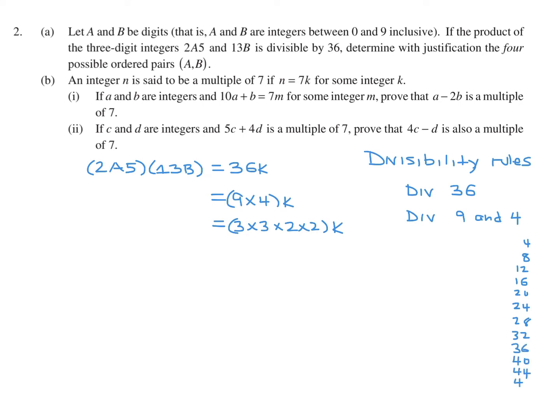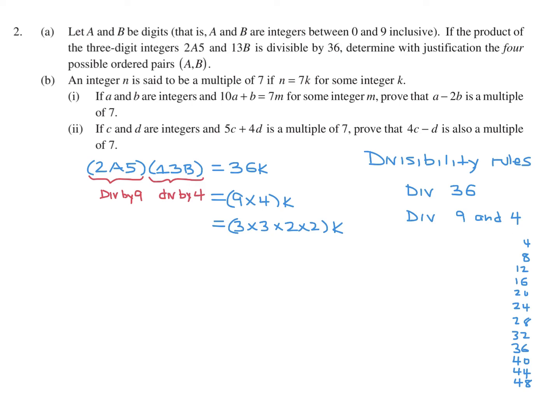Well, you get the point. There's never going to be a 5 as the units digit. So that means this guy here is the one that's divisible by 9, and this is the one that's divisible by 4. All right, so we've got that established.